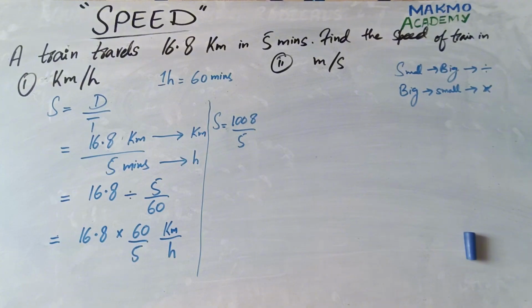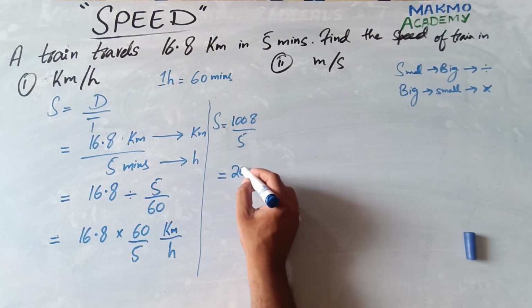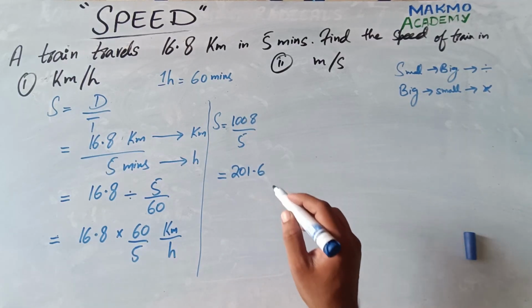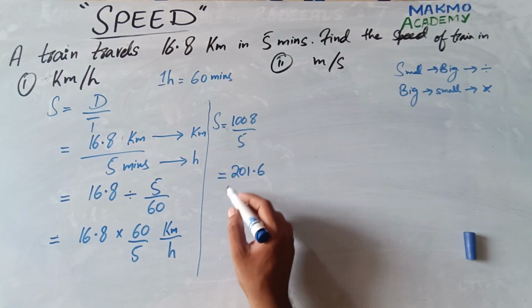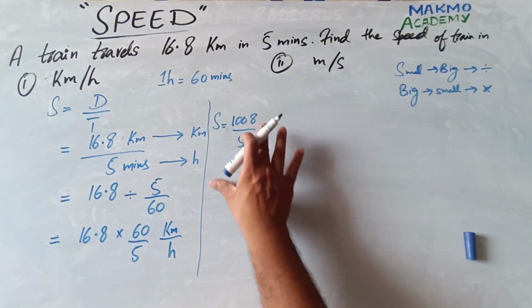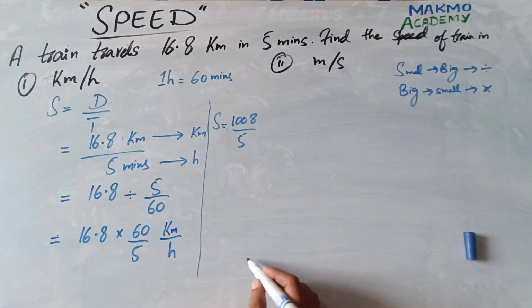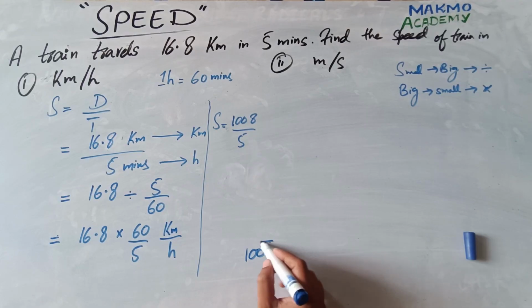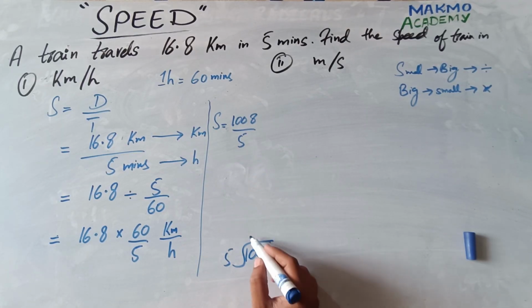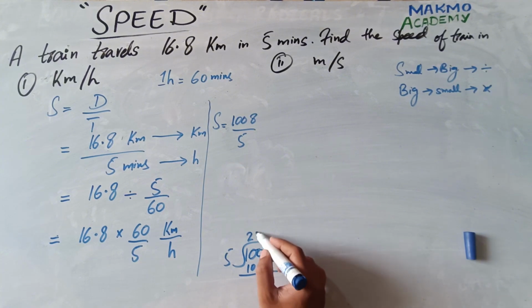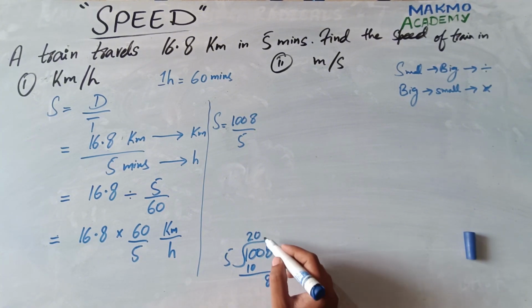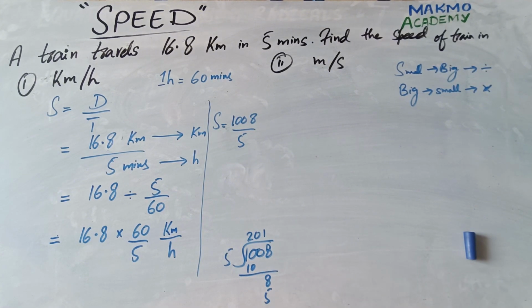Now if we divide 1008 by 5, we will get 201.6. This is the final answer, or we can give the answer as a mixed fraction as well. First of all we divide 1008 by 5. 5 2s are 10, this 0 goes up, and we are left with 8. 5 1s are 5, so we are left with 3 only.